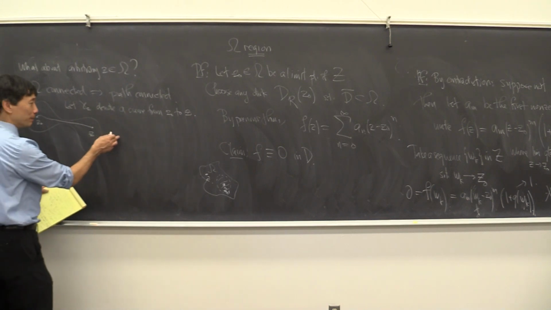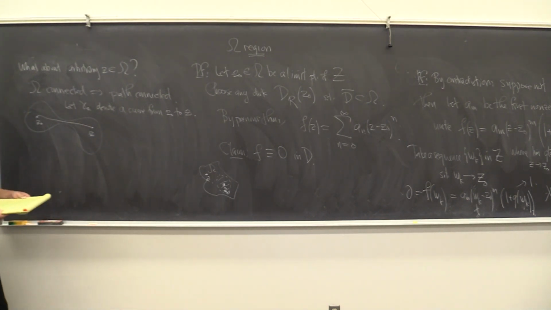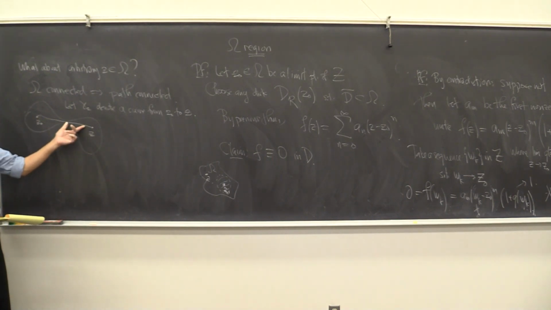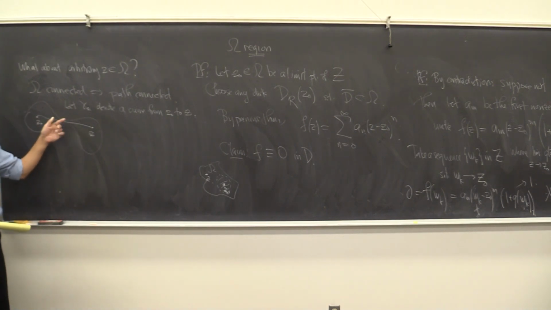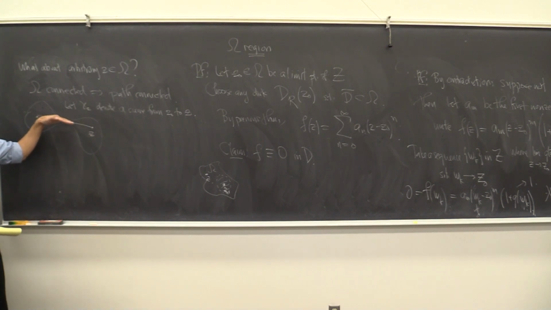So we had some theorem before that if you have a compact set and then a closed set that doesn't intersect it, then there's a definite distance from your point to that closed set. Remember that I call this the distance formula, right?